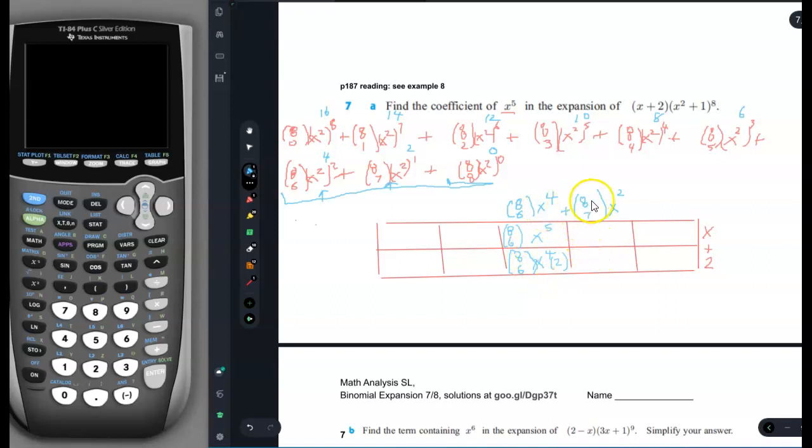Okay, and then this times this would be 8 choose 7, x to the 3rd. And then this times this would be 8 choose 7 times 2, x squared. Okay, so we want to know the x to the 5th term. You know, most of these are not x to the 5th. This is to the 3rd, this is the 2nd, this is to the 4th. This is the only one that is x to the 5th, right?